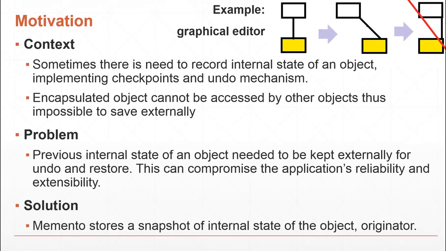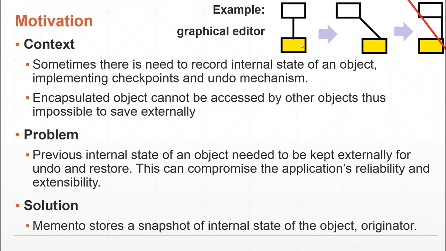In addition, for example, for a graphical editor, the two rectangles above are connected by one point, and one of the solutions to keep the state is the constraint solver.